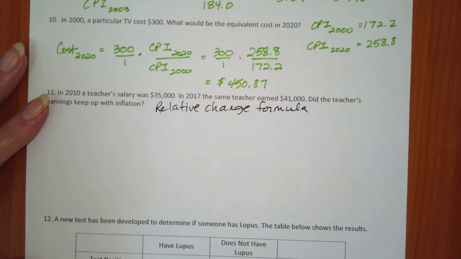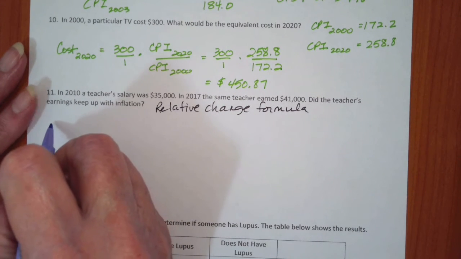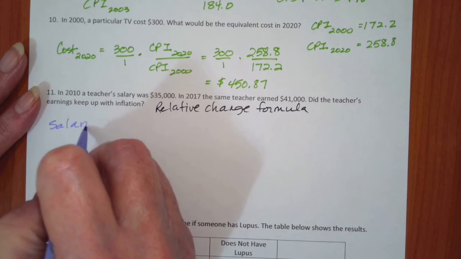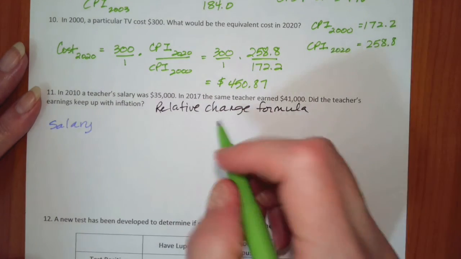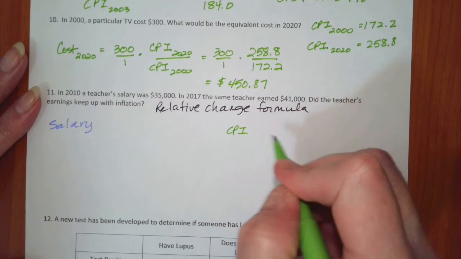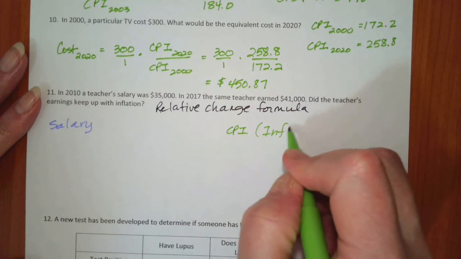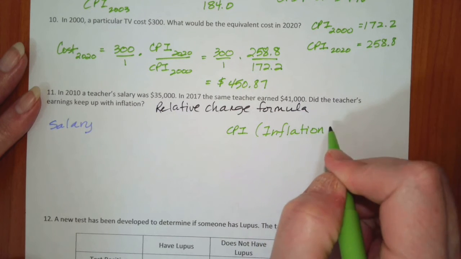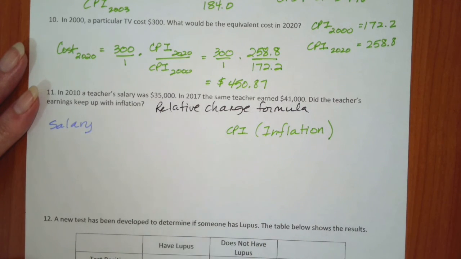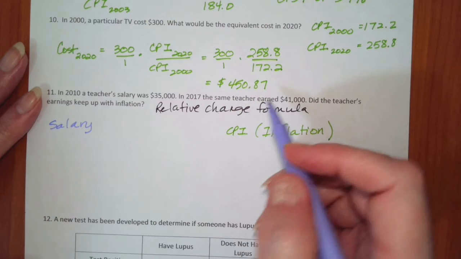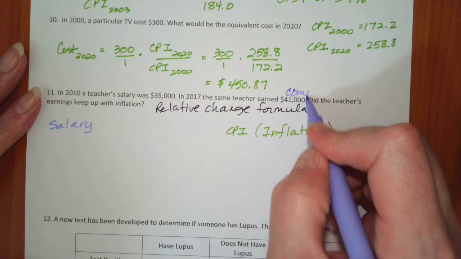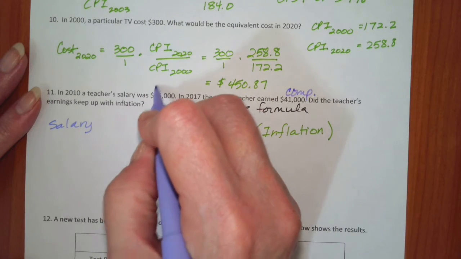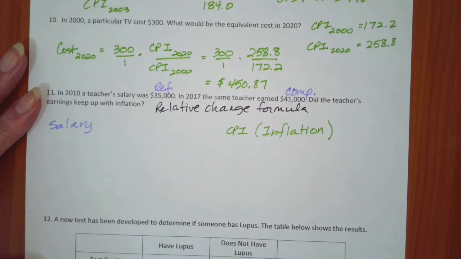And we're going to do it twice. We're going to do it for the salaries, and then we're going to do the CPIs to find the inflation. Okay. Well, let's see. This is going to be our compared value, and this will be our reference value for our salaries.